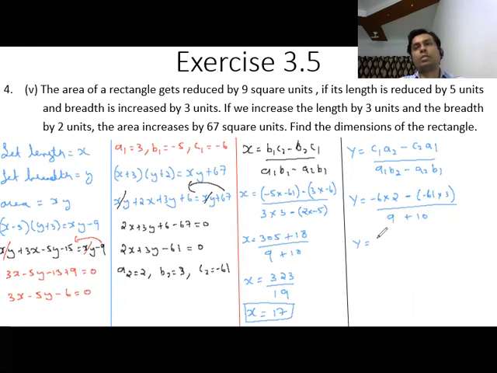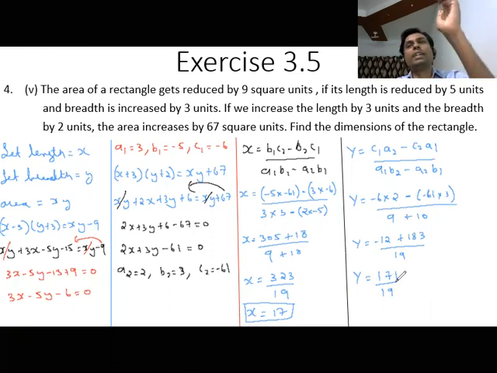So y is equal to minus 12, and this is 61 into 3, 183, minus minus plus plus 183, divided by 19. Or y is equal to 183 minus 12. So 2 will become 1 there. This will become 7, 171 divided by 19. Now again, multiply 9 with a number whose last digit is 1.